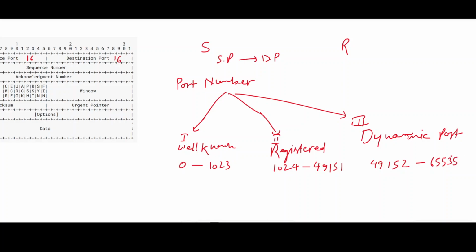Generally this is the range of 0 to 2 power 16 minus 1. What is the value of 2 power 16? It is 65536, and minus 1 gives 65535.